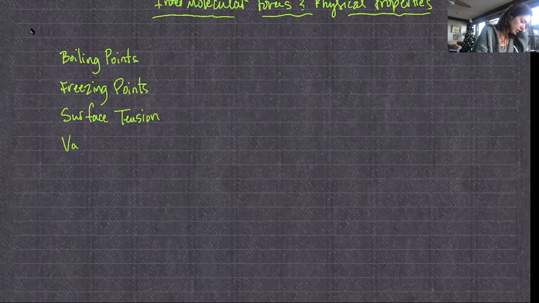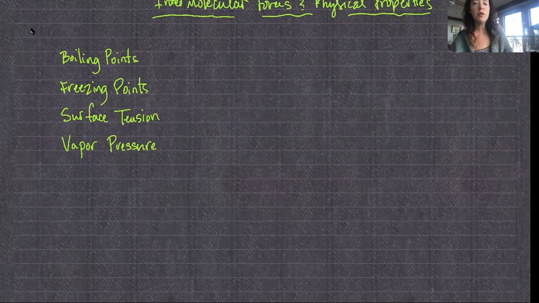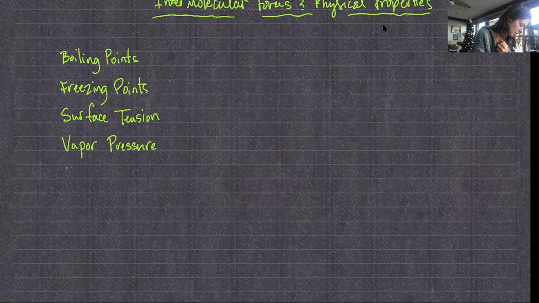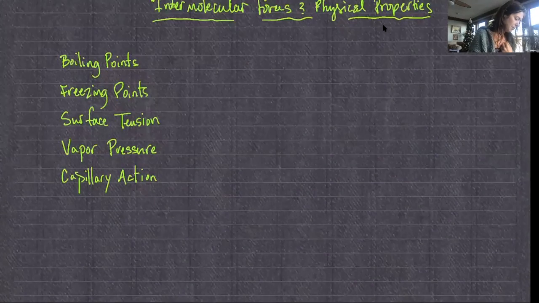Vapor pressure. These are the physical properties we will be discussing in relation to the strength of a molecule or substance's intermolecular forces. We may not see something called capillary action. Okay. And let's leave it at that for now.